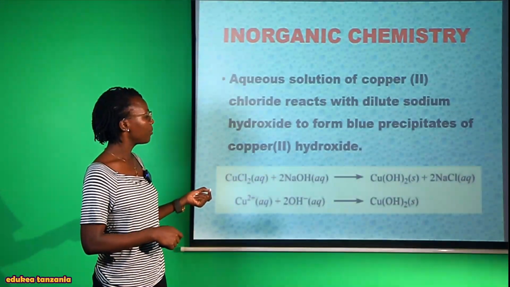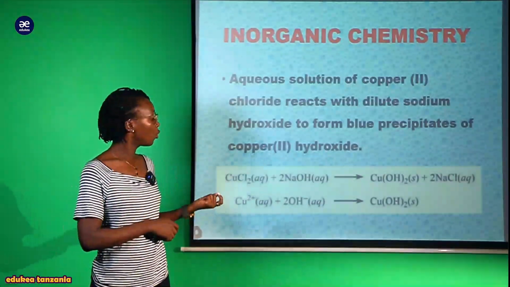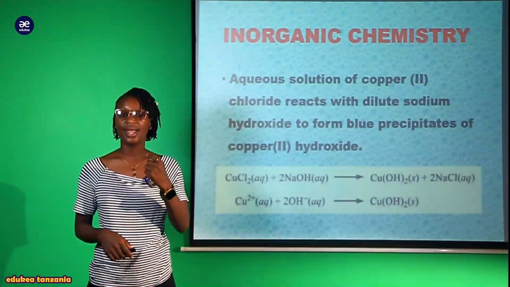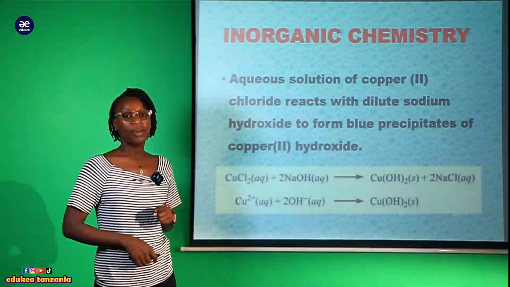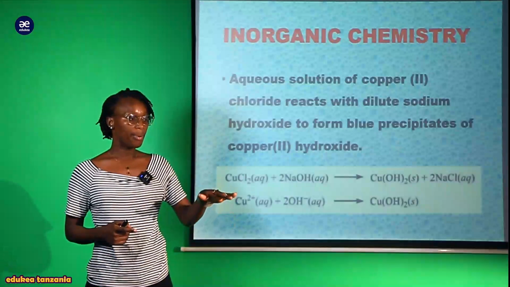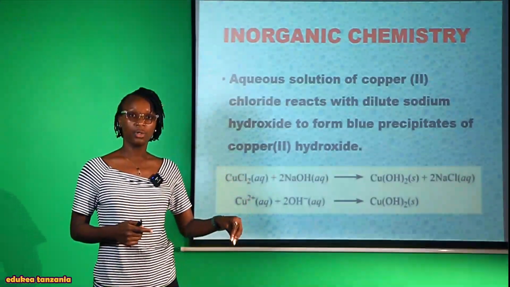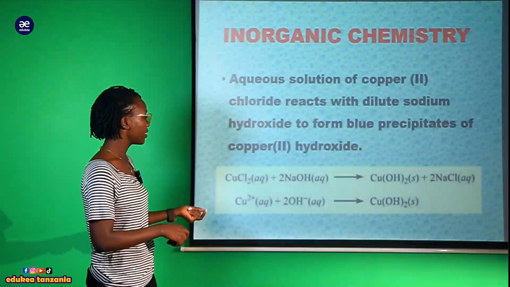Sasa unaona kwamba hii sodium hydroxide hapa tuna most reactive metal. Lakini huku kwenye copper, this is the less reactive metal. Sasa lazima tuwe na hii kitu. Bila hii kitu reaction haiwezi kutokea. Kwamba lazima compound nyingine iwe na most reactive metal na nyingine iwe na less reactive metal. As you see here, there is copper, there is sodium.